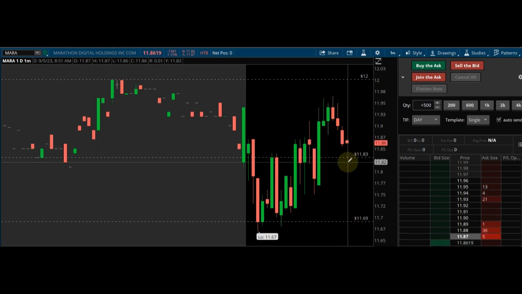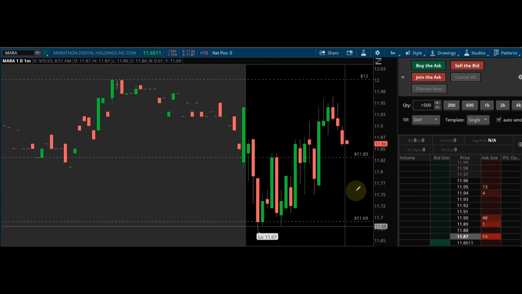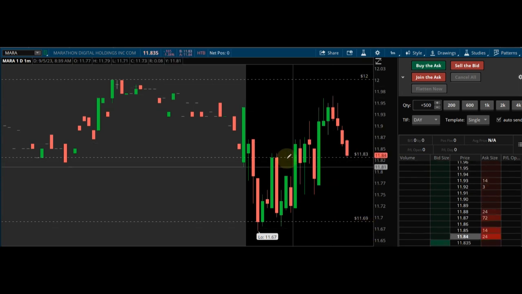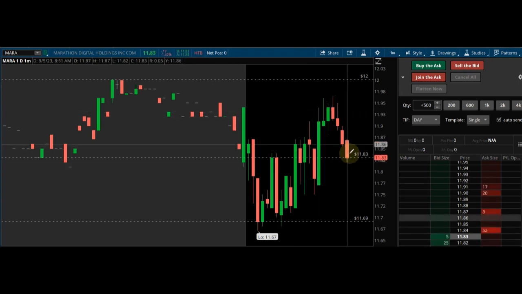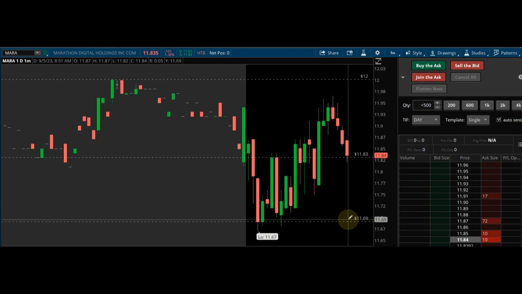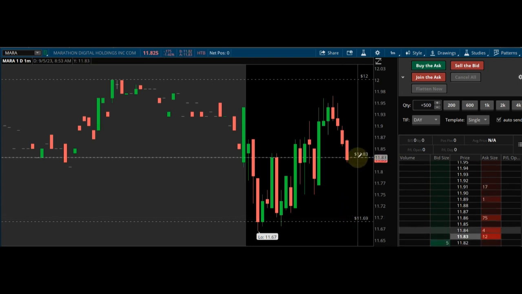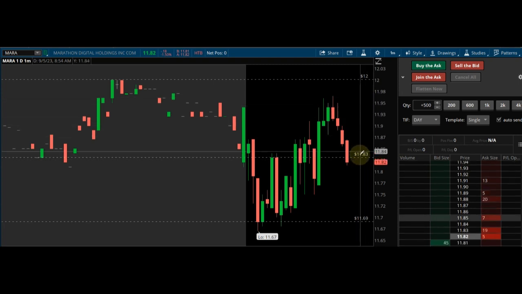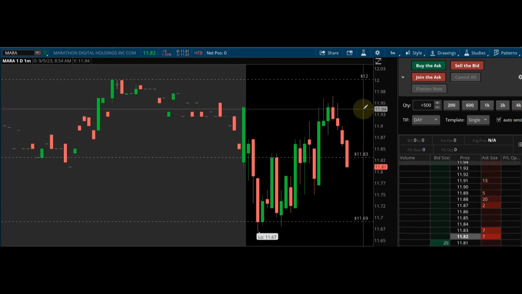What I mean by that is, let's say this is a $12 stock and it's swinging up and down as much as $1 throughout the day. You can mark these levels as it's moving around and pretty much plot out where your entrance would be and where your exit might be. You may decide, hey, it's going to break this level again, and you may hang on to test the next level.